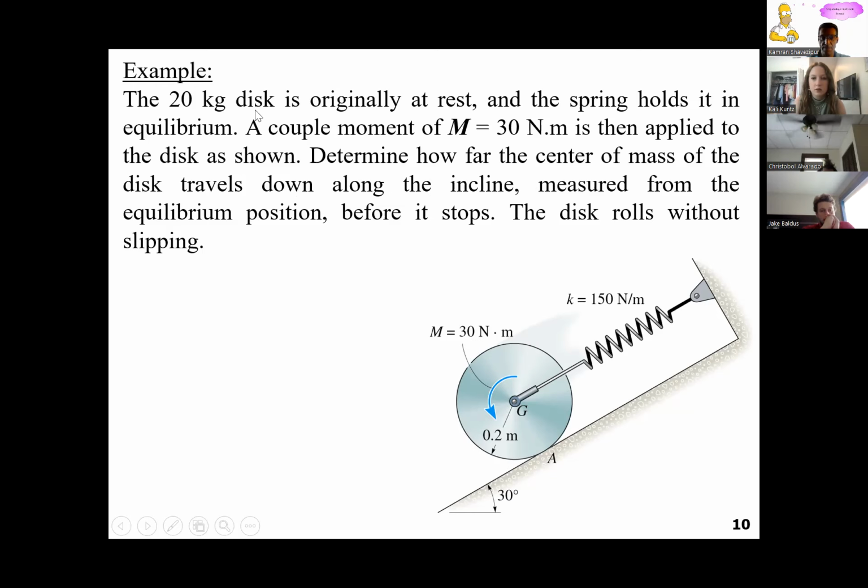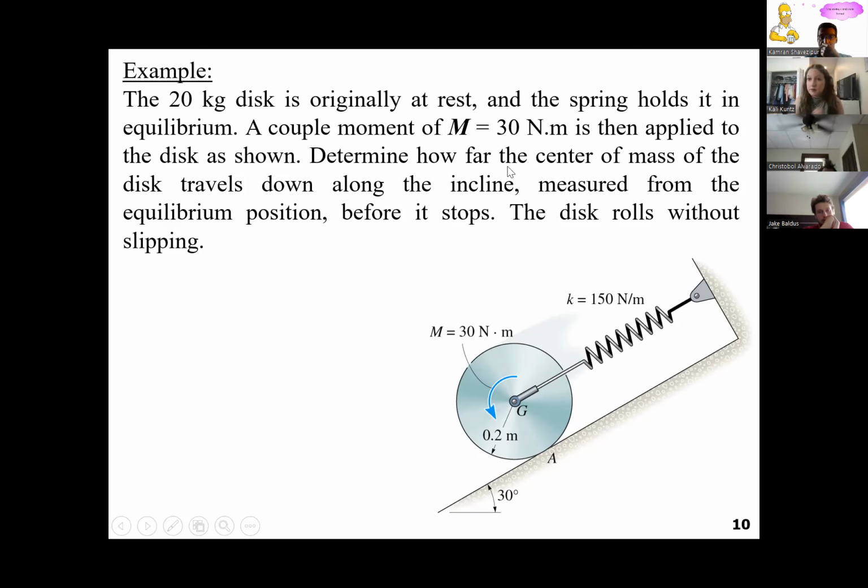If you read the problem, it says the disc is originally at rest. Remember, if there was no spring, this could roll down and go, right? So when this is at rest, that means this spring holds it. So this spring creates some force and has initial deformation. It's not neutral size. It has some stretch in it.